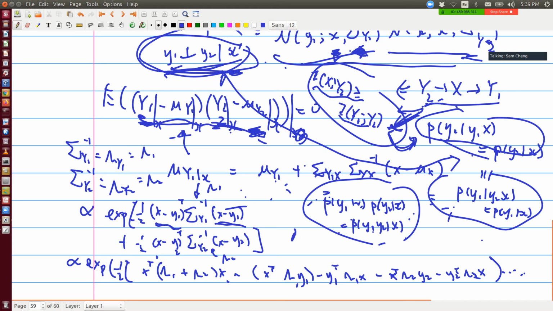So this function, N(x | y1, sigma y1), is basically equal to N(y1 | x, sigma y1), because replacing x and y1 doesn't change anything; it's just the quadratic term.